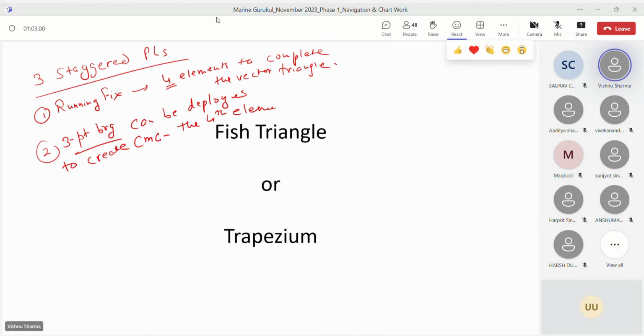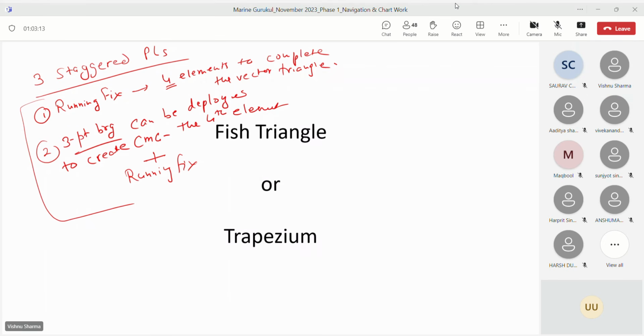And if so, then 3-point bearing plus running fix will finish the question. Correct? These 2 things you have understood. We have already done them in reasonable detail, beta. Yes or no? Correct?